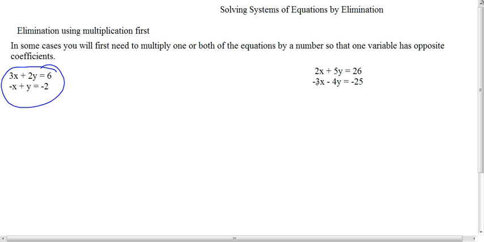This is pretty simple, because here we have a least common denominator that is 6 between 2 and 3. And the good part about it is we have a negative 3 here.